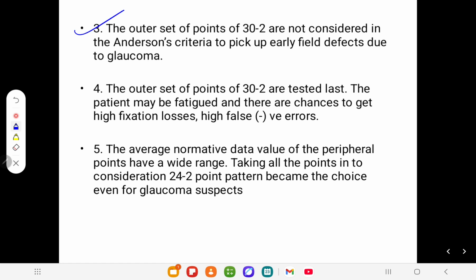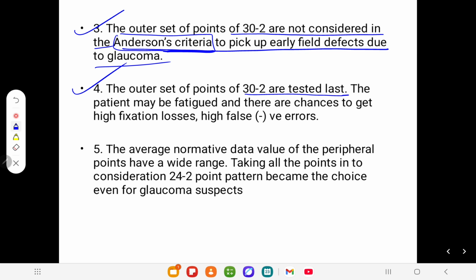Third reason is the outer set of 30-2 is not considered in Anderson's criteria to pick early defect, because Anderson's criteria is the gold standard, isn't it, till today? So the outer set of points in 30-2 are not critical for Anderson's criteria. It's very important. And again, fourth, the outer set of 30-2 is tested last. The patient may get fatigued, and there are chances to get high fixation loss and high false negative error.